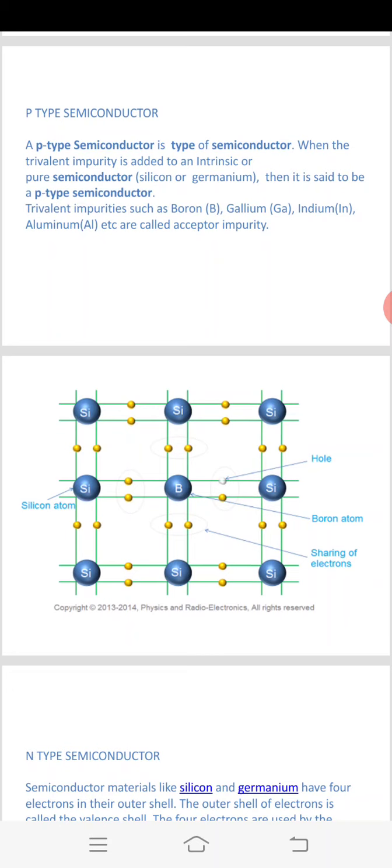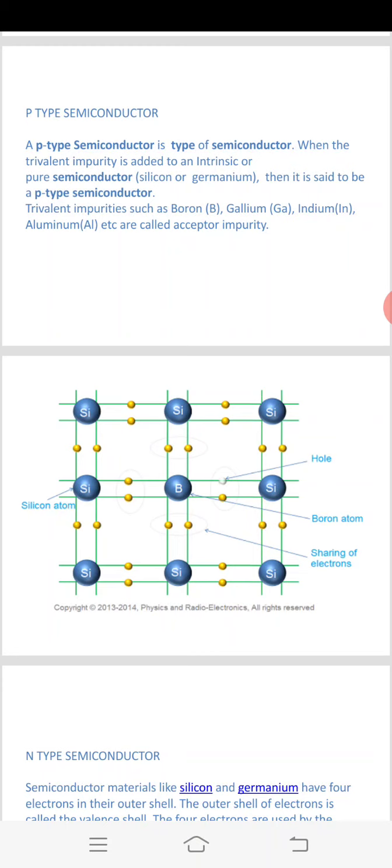For bonding, it requires 4 more electrons from neighboring atoms. So we add impurities in silicon. Silicon is a pure semiconductor material known as an intrinsic semiconductor.